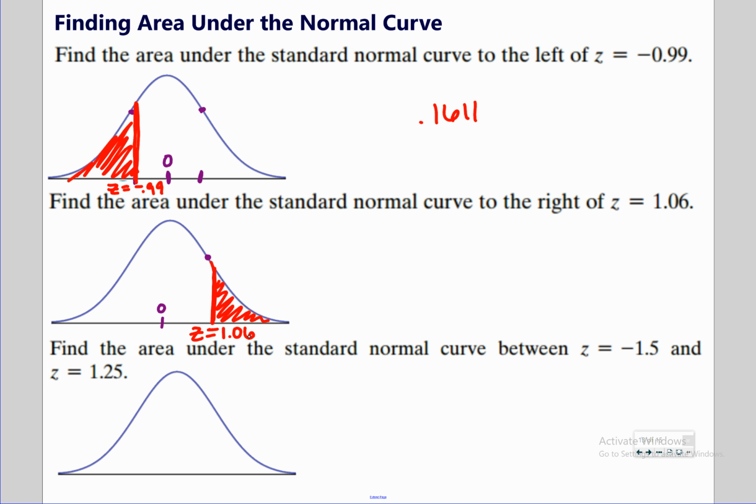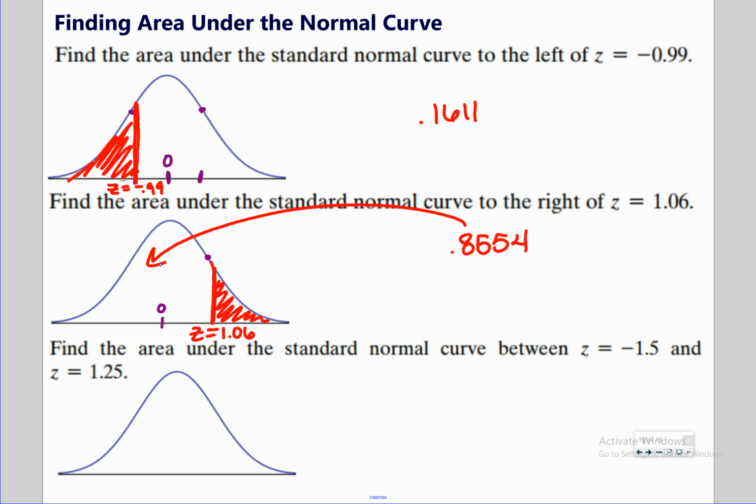So here's how we use the chart to figure it out. All the chart is going to give us when I look up 1.06 is the area to the left. So let's go ahead and do that first. Area to the left, 1.06 is 0.8554. Okay, so that 0.8554 is everything in white there.